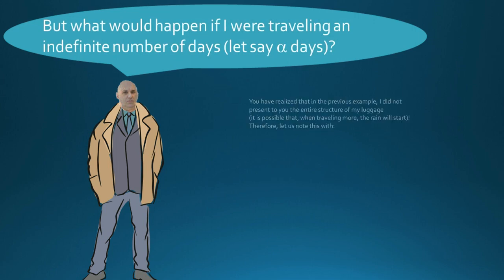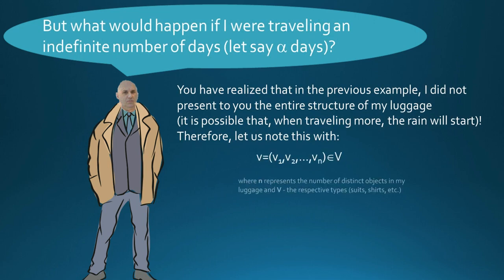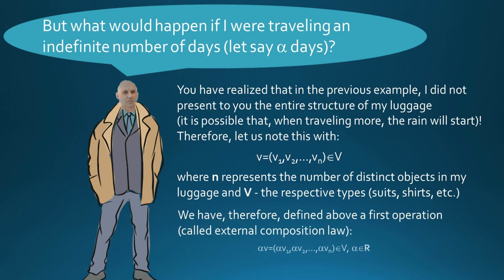But what would happen if I were traveling an indefinite number of days, let's say alpha days? You have realized that in the previous example, I did not present to you the entire structure of my luggage. It is possible that, when traveling more, the rain will start.